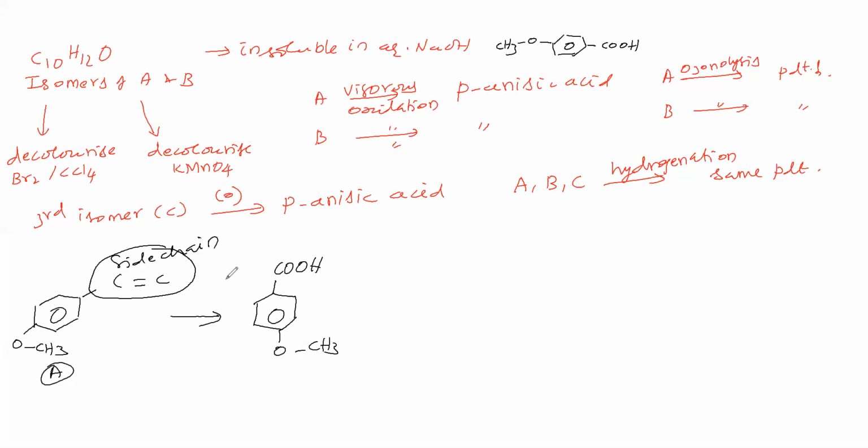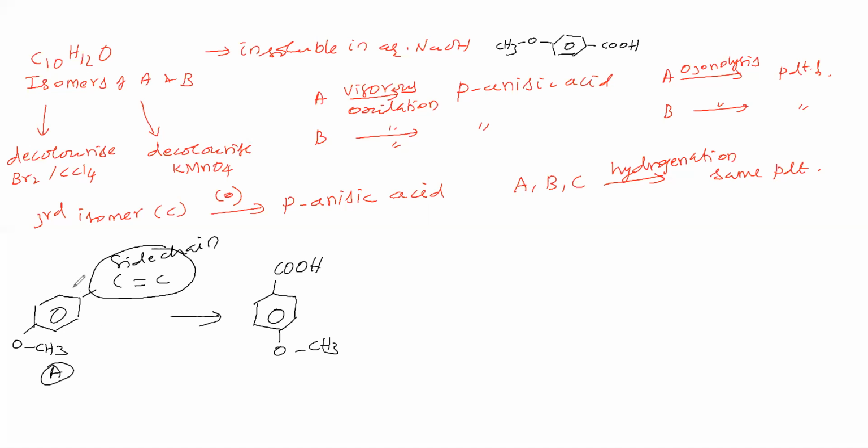The carbon attached to the phenyl ring must have hydrogen, then the side chain will convert into carboxylic acid. The side chain can be a methyl group, ethyl group, n-propyl group, butyl group, isobutyl group, whatever. The carbon directly attached to the phenyl ring must have hydrogen, then it will undergo oxidation to give carboxylic acid. So what the side chain can be, we will see.